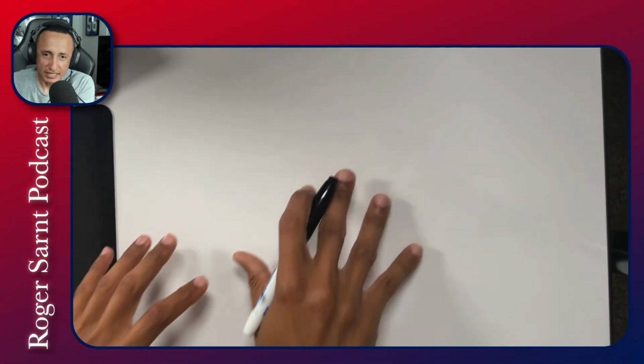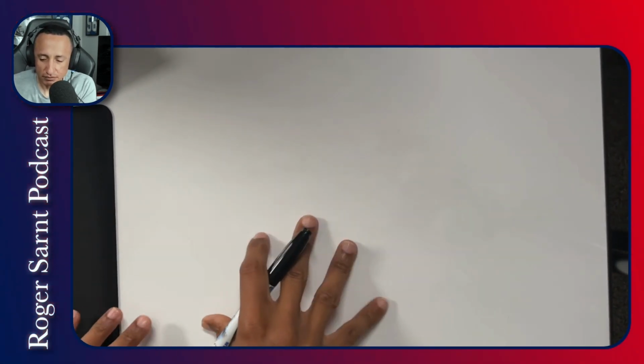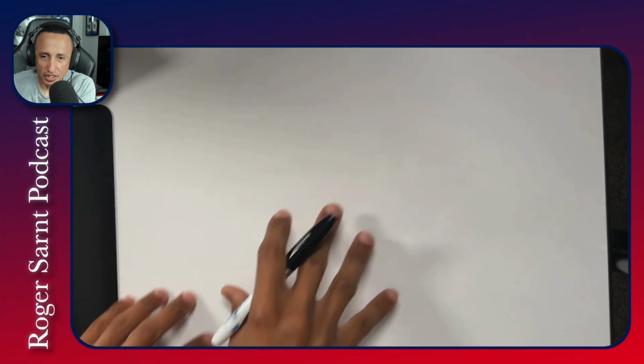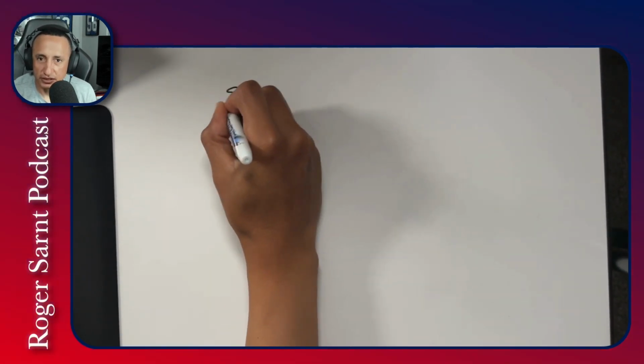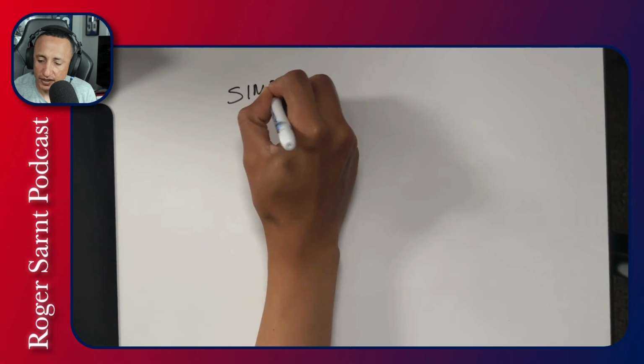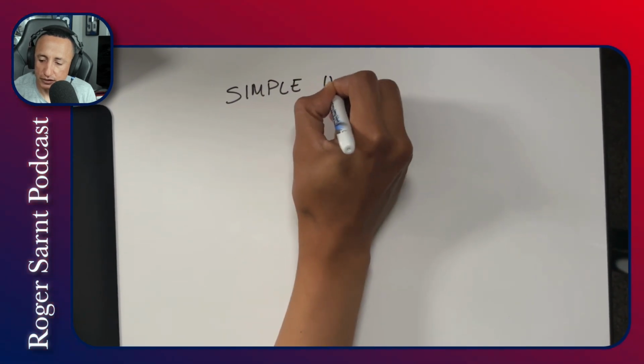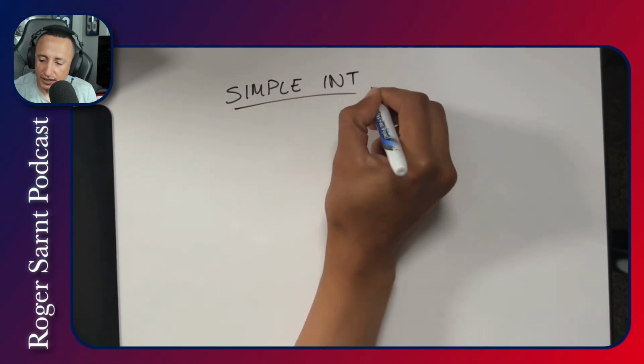All right, so this is my desk. As I said, if you're listening, then you're not going to be able to see it, but you can go ahead and head to YouTube. I have a desk, it's my whiteboard, and we're going to just calculate what simple interest is. So let's see here, simple interest, right?